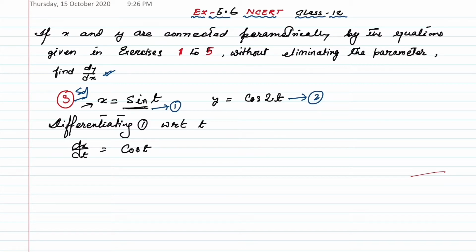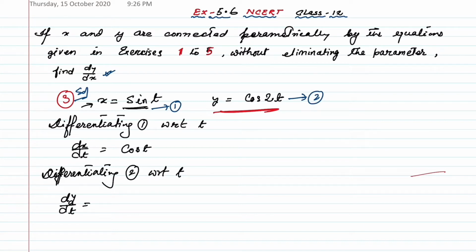So if you differentiate equation number 2 with respect to t, then you will get dy by dt is equal to derivative of cos theta is minus sin theta, so here you will get minus sin 2t.